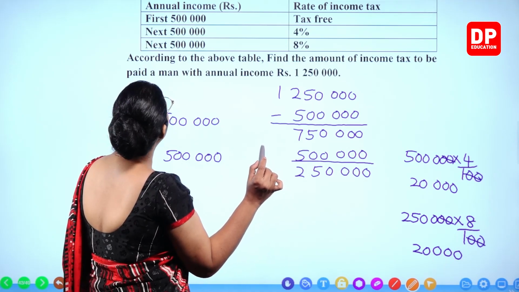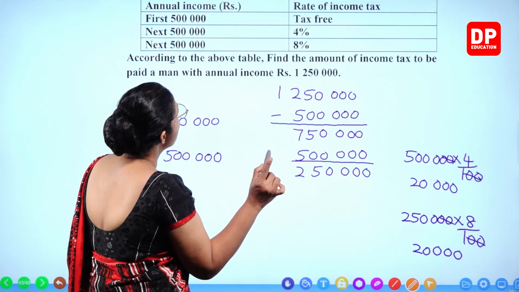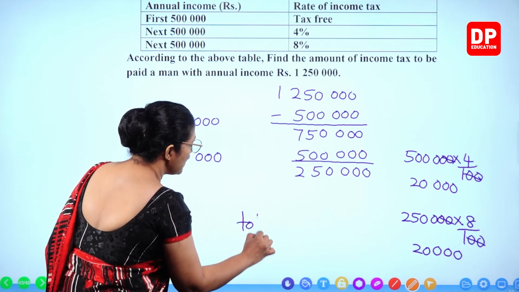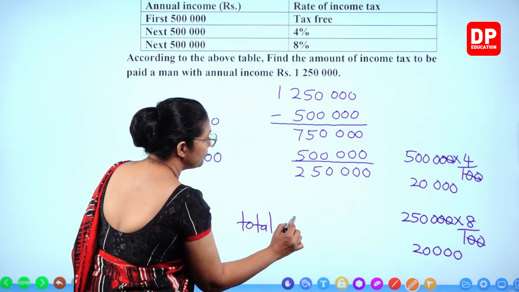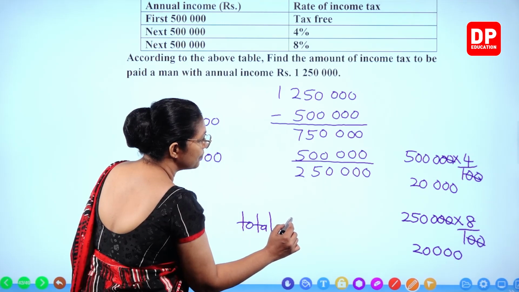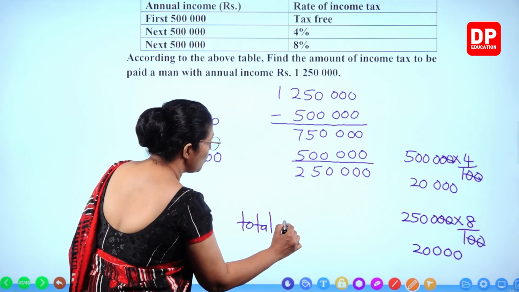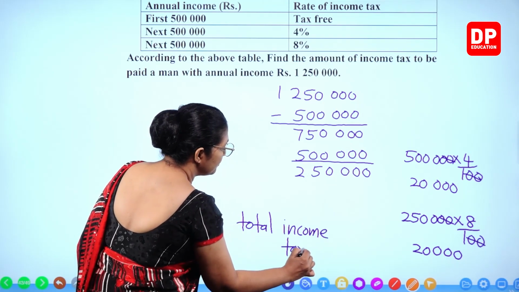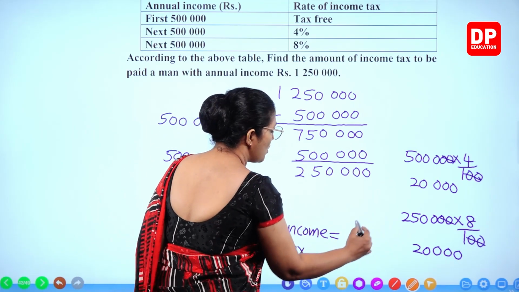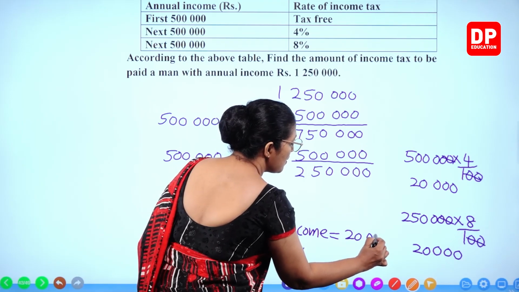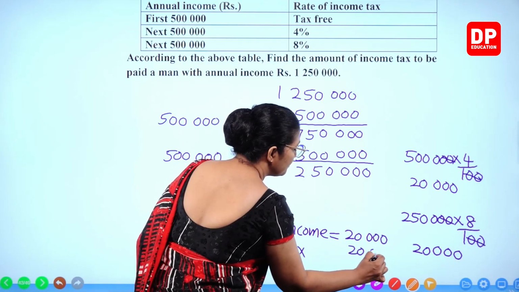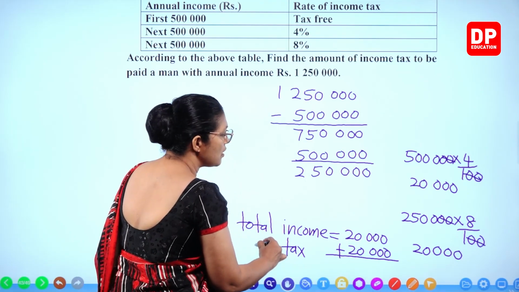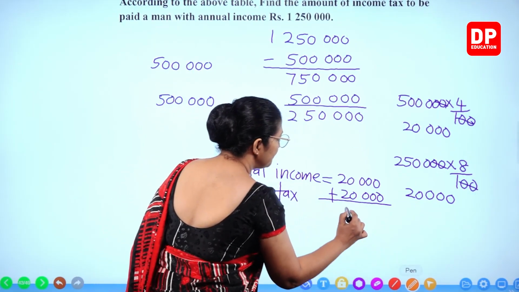So what is the total income tax? You have to add these two. 20,000 plus 20,000. So you get 40,000 rupees.